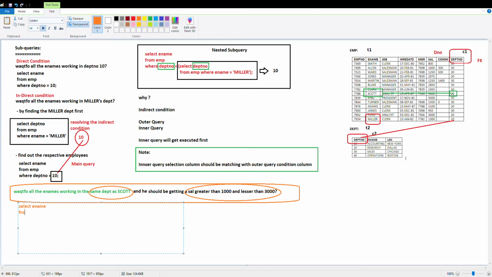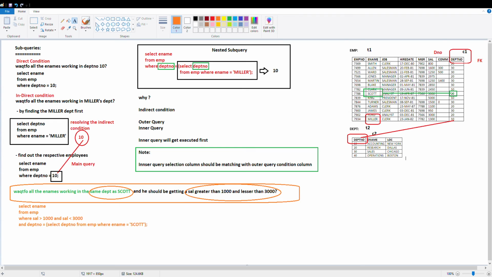Select ename from EMP where, let's do the direct condition first, salary greater than 1000 and salary lesser than 3000 and department number is equal to select department number from EMP where ename is equal to Scott. So what is happening?